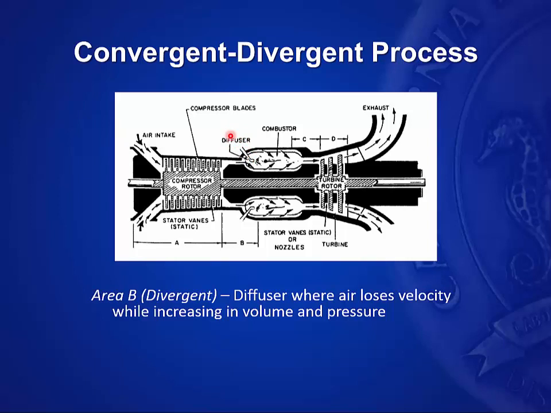A diffuser is very close to being the same as what we were talking about with a compressor vane. And it is, but it also helps to direct the airflow. And as the air and fuel are burned in this area, you're going to get a corresponding temperature increase and a velocity increase as it exits.